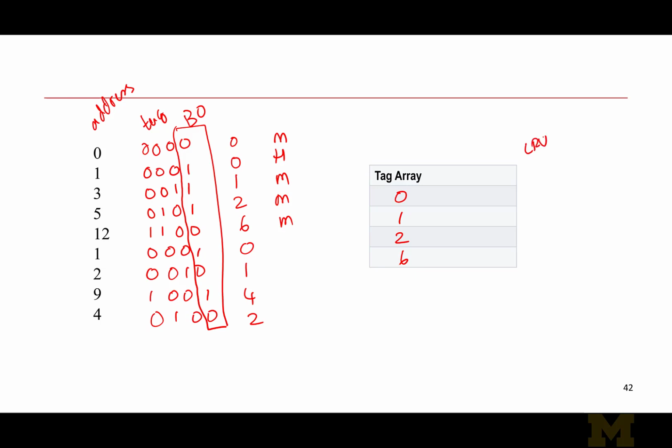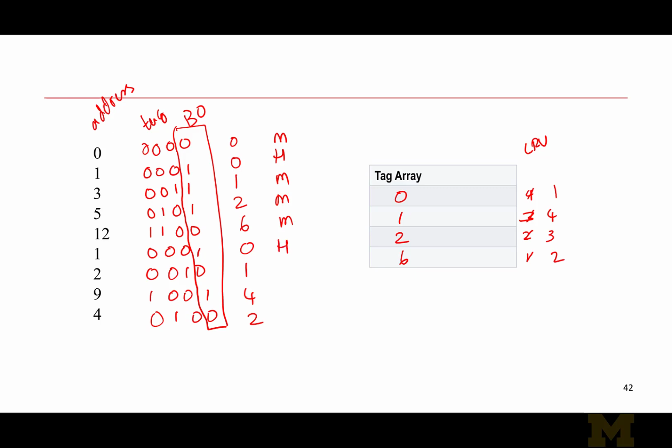So the LRU rank is 6 is most recently used, and 0 is the least recently used. Now when I access 0, I would have to reset this LRU rank to 1, and increment everyone else's rank by 1.